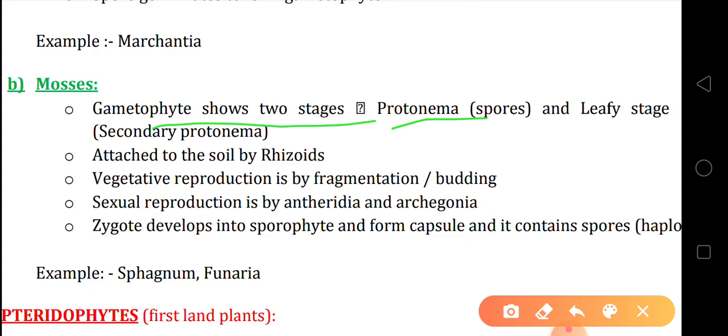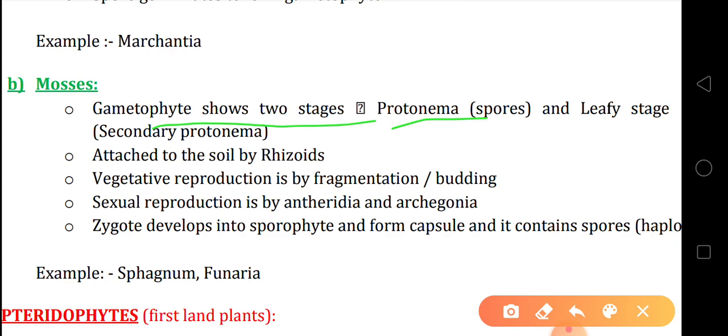So maybe it is asked in the exam: name the green, branched, creeping and filamentous stage of the mosses. So it is protonema. Protonema is the green, branched, creeping and filamentous stage.